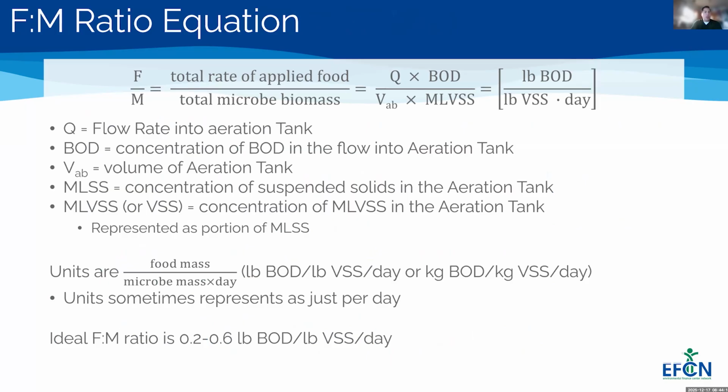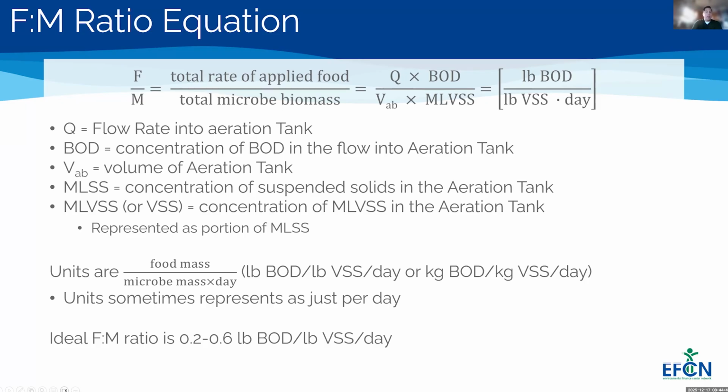In order to calculate that F to M ratio, you also need to know the flow going through the plant and the volume of your aerator. You would divide the product of the flow times the BOD by the product of the volume of the basin and the MLVSS. So that's just a quick introduction of how to calculate that.